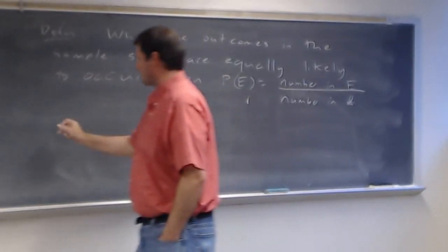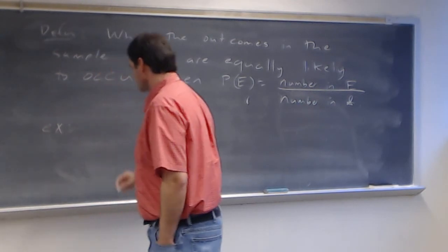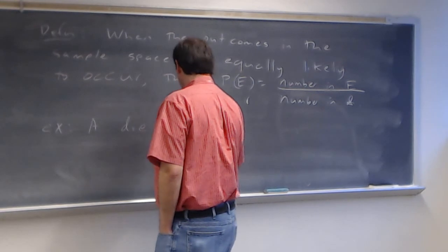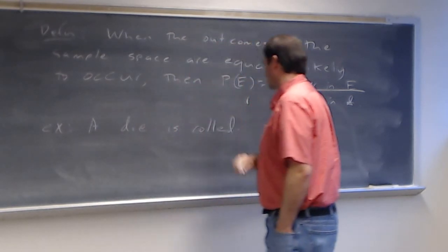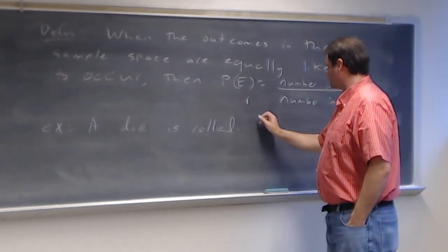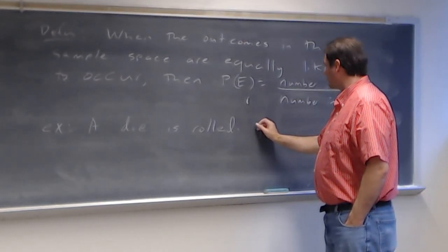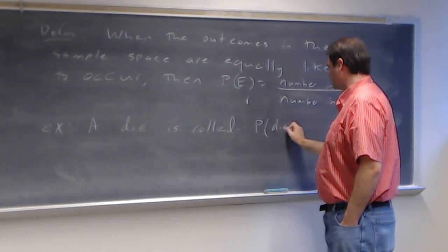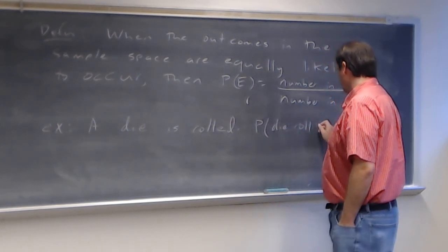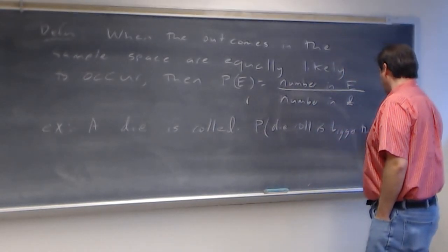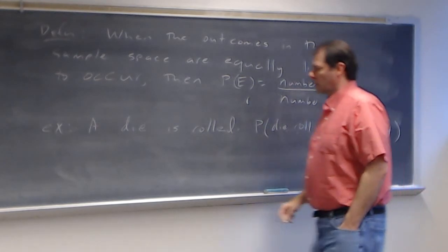So let's do a quick example of that. A die is rolled. Somebody might say, find the probability that the die roll is bigger than 4. Okay.